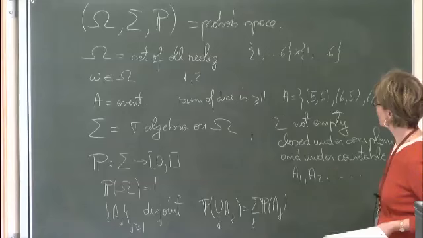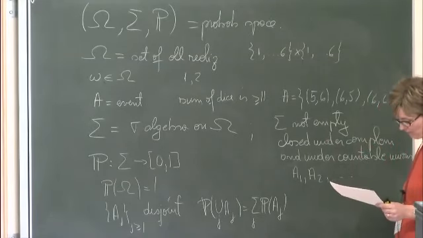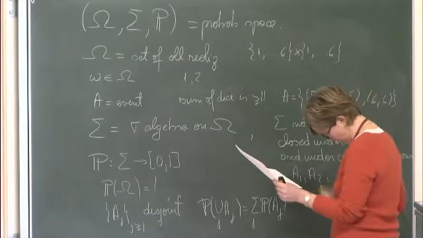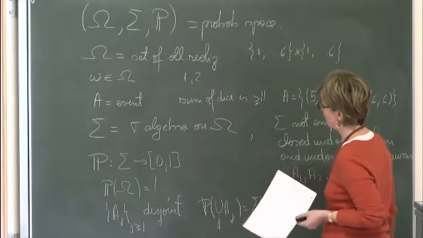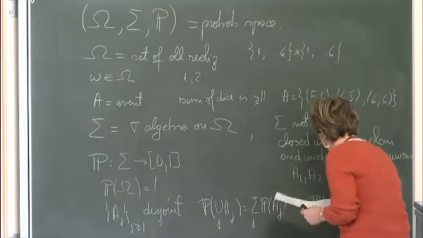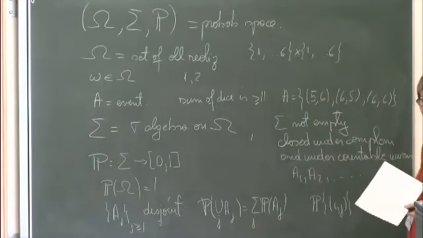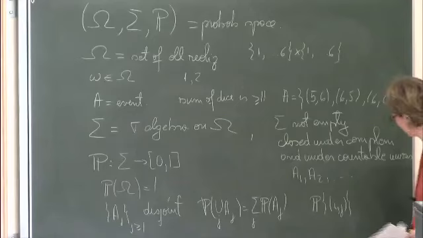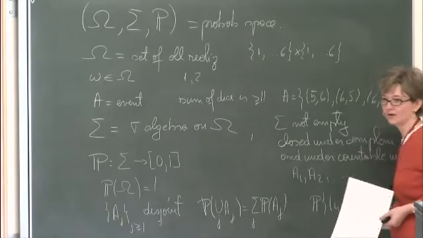For example, in the experiment with the dice, what is the probability that when you roll the dice, (i, j) comes about? That's the uniform probability, so that's 1 over 36. That's an example.